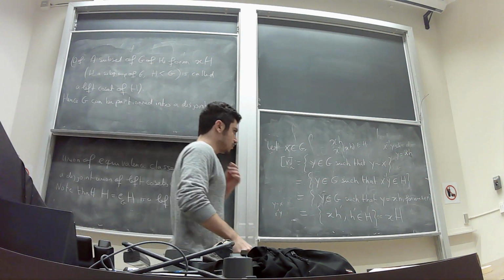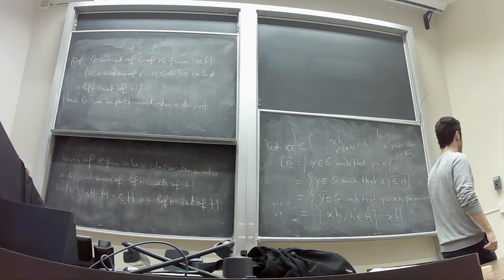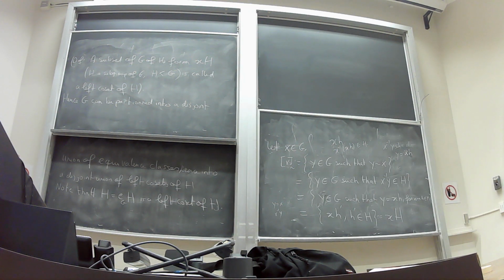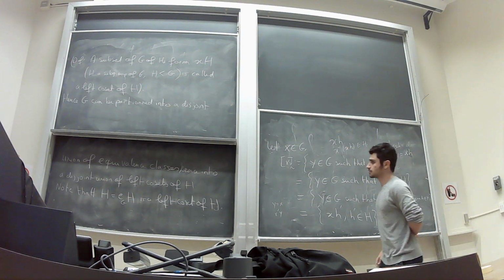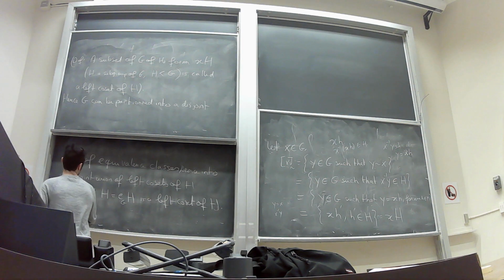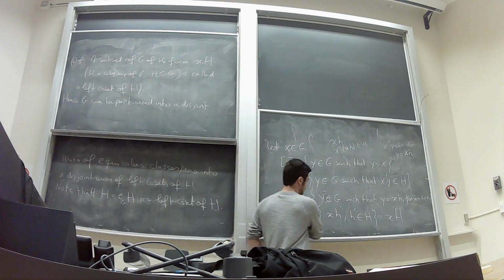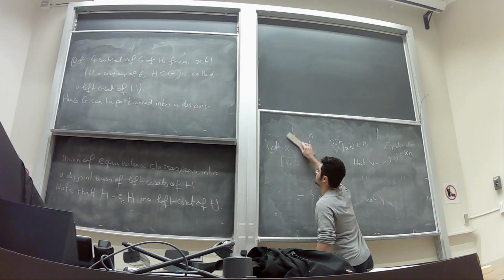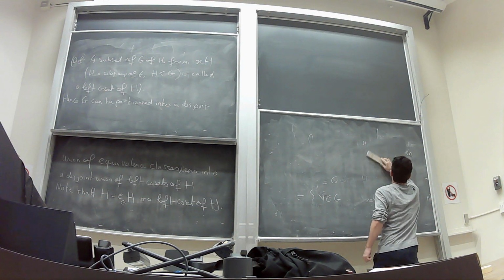Now, why can I say that the number of elements of H divides the number of elements of G? Let's see. Let's draw a small picture. And I don't know if it should help, I guess.